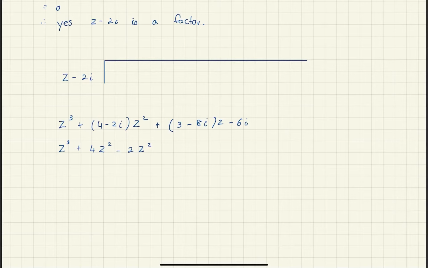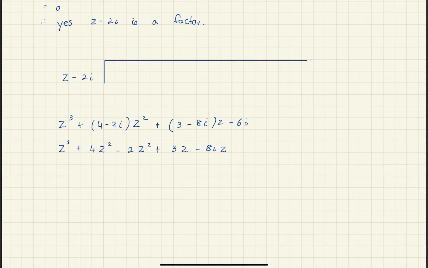You'll see it's much easier to work with in the long run than keeping it in those brackets, even though that might be neater. So plus 3z take 8iz. So that's okay. There's nothing wrong with that. That's just the imaginary part. Did I check? Make sure I did that there. No, I didn't. I almost missed it.